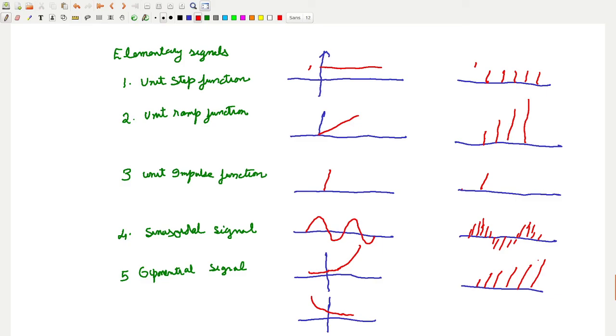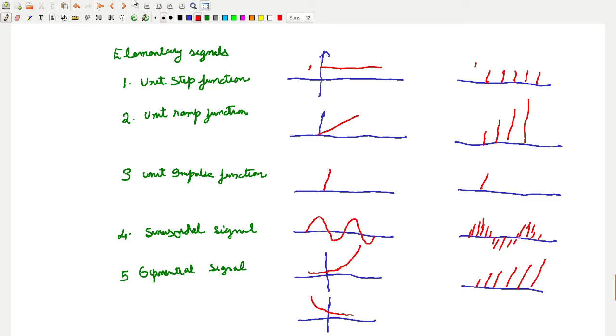There are many other signals too, like the rectangular pulse function and triangular pulse function. Some specific signals are also there, but these 5 could be termed the elementary signals.